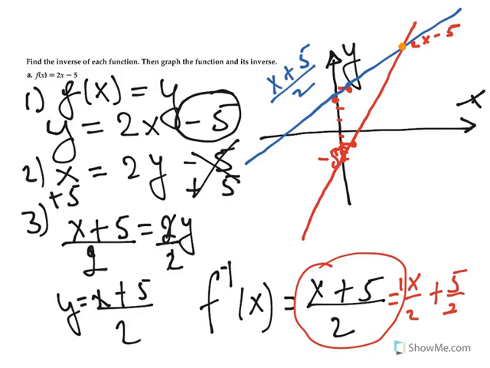And as we said during class time, these 2 graphs are reflections over a graph called y equals x, and all the inverse functions are reflections over that graph. And the name of this graph is the identity graph. We discussed that during class time.